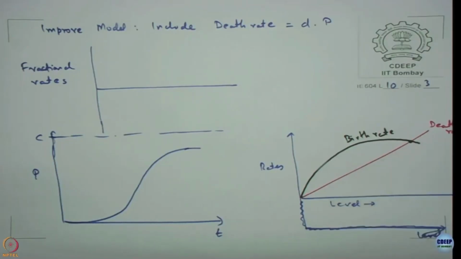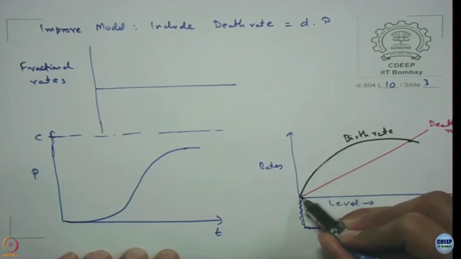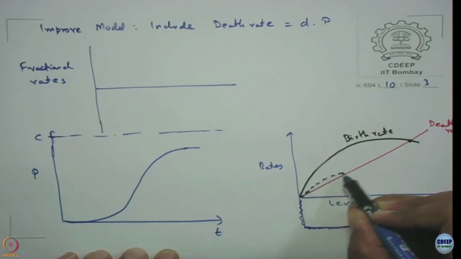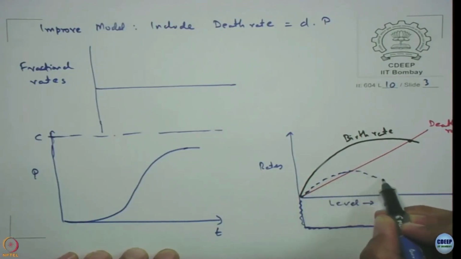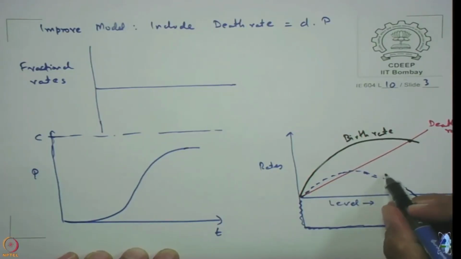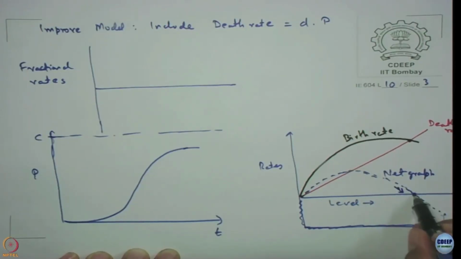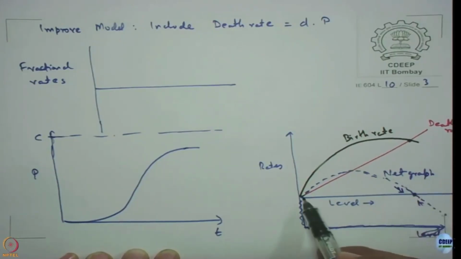So, we can actually plot birth rate minus death rate as a net rate graph. This point now becomes a stable equilibrium point. This is an unstable equilibrium point, that is point 0.